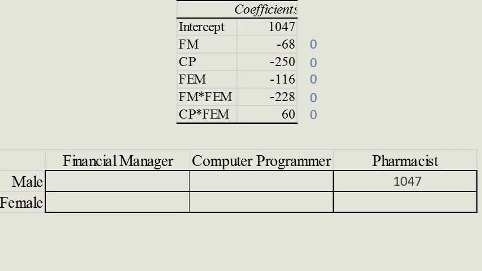If we let the female indicator variable equal 1, then we'll be talking about female pharmacists. But since the other variables are 0, then the interactions are also going to be 0. Then this gives us the expected salary of female pharmacists.